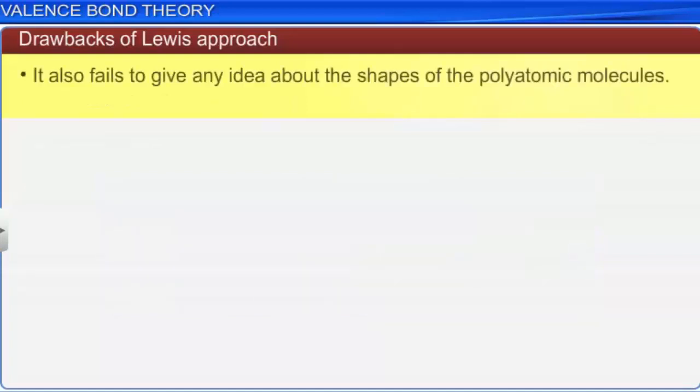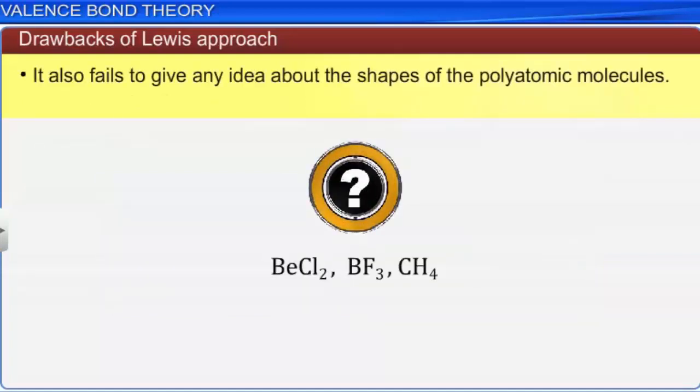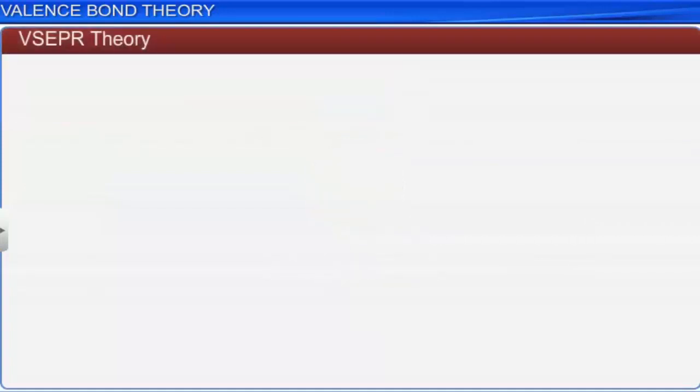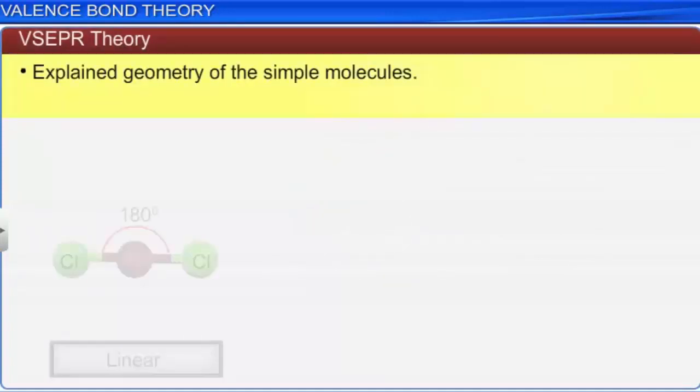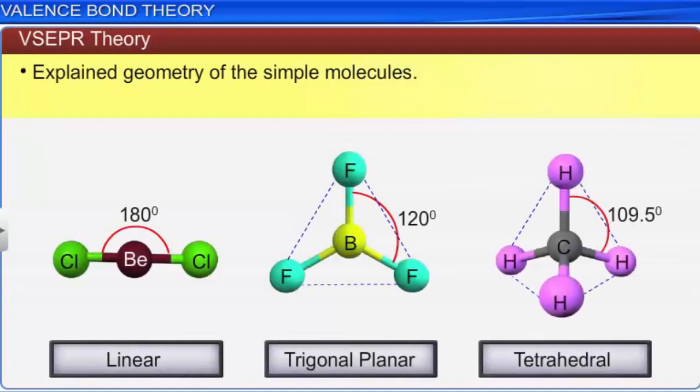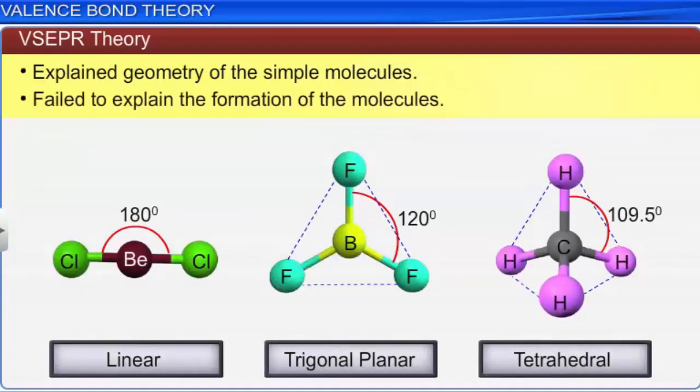It also fails to give any idea about the shapes of polyatomic molecules. The VSEPR theory, on the other hand, gives the geometry of the simple molecules but fails to explain their formation.